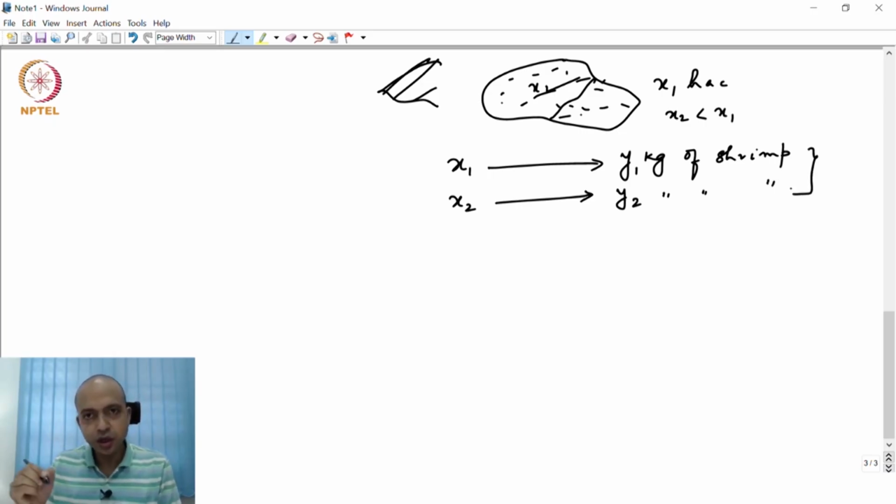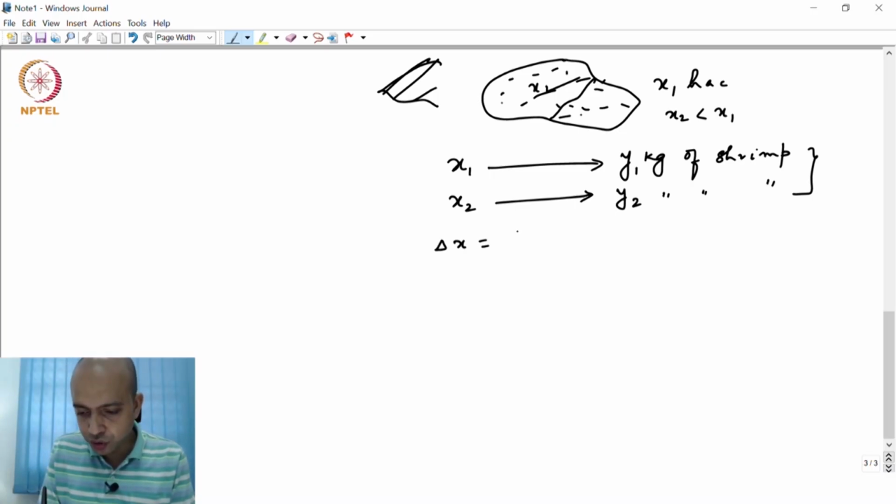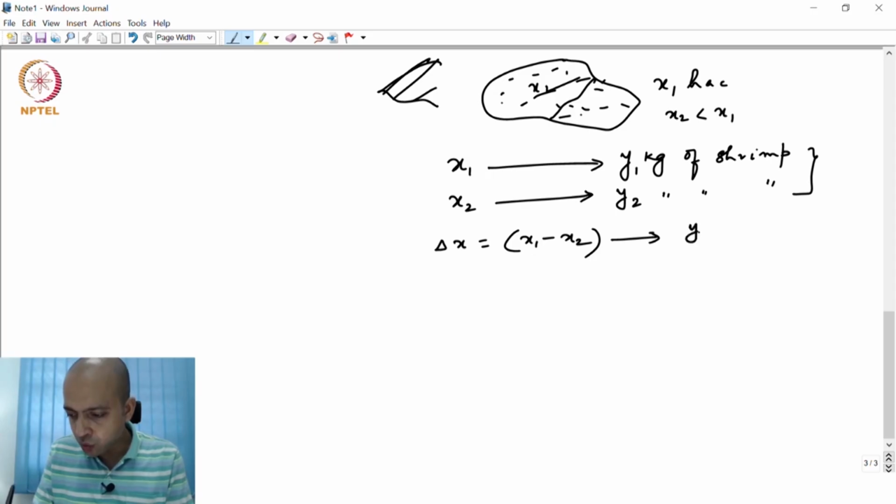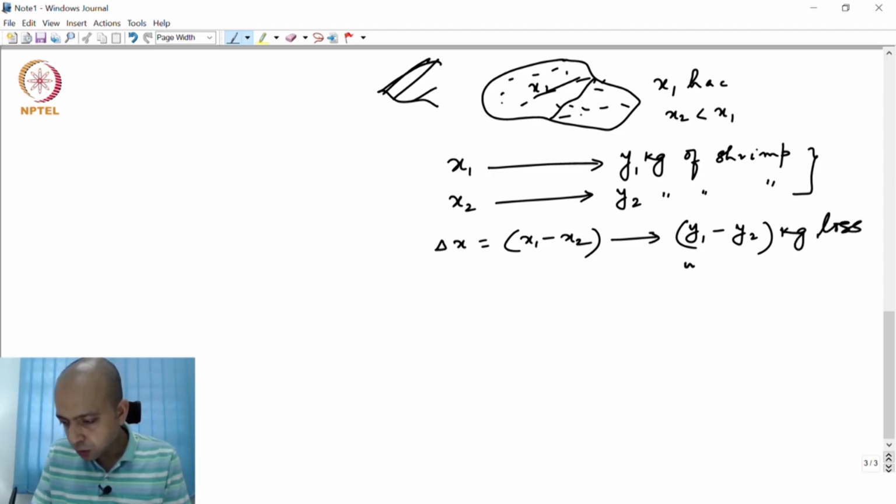So that means a change in wetland by delta x, which equals x1 minus x2, results in y1 minus y2 kg loss in shrimp production.